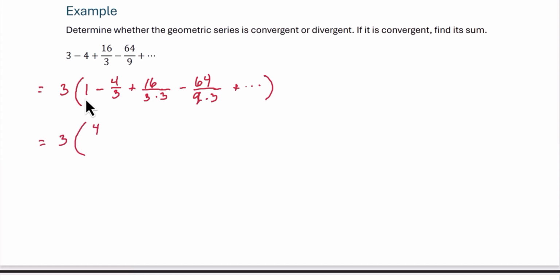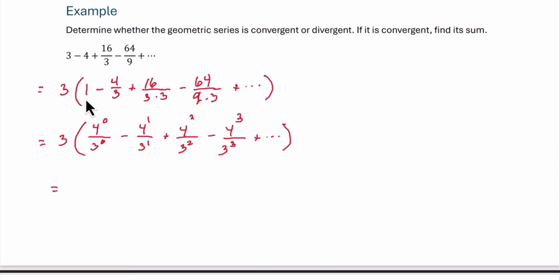Think of this first one as 4 to the 0 divided by 3 to the 0. Then minus 4 to the first divided by 3 to the first, plus 4 squared divided by 3 squared, minus 4 cubed divided by 3 cubed. And again, that's going to continue forever.